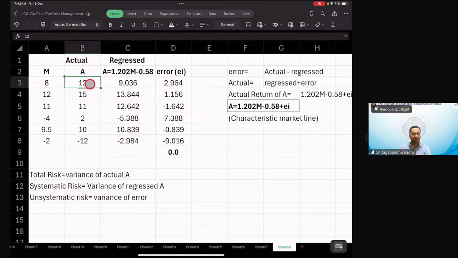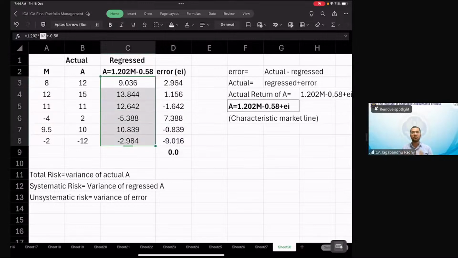So every time you have the actual return and every time you have the regressed return. The movement happening in the actual return was, to some extent, captured by this model, and there was some portion which was not captured. The variance captured by this model is the systematic risk, because this return is dependent on the market return.